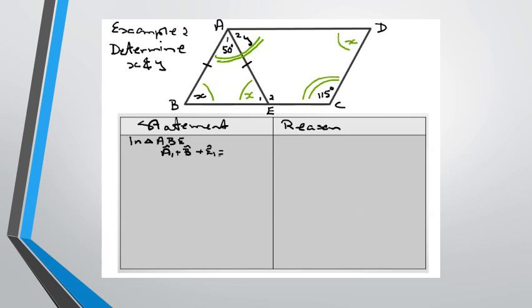And the property of a triangle is that the interior angles must be equal to 180 degrees. And my reason again for that is the sum of the interior angles of a triangle equal to 180 degrees.